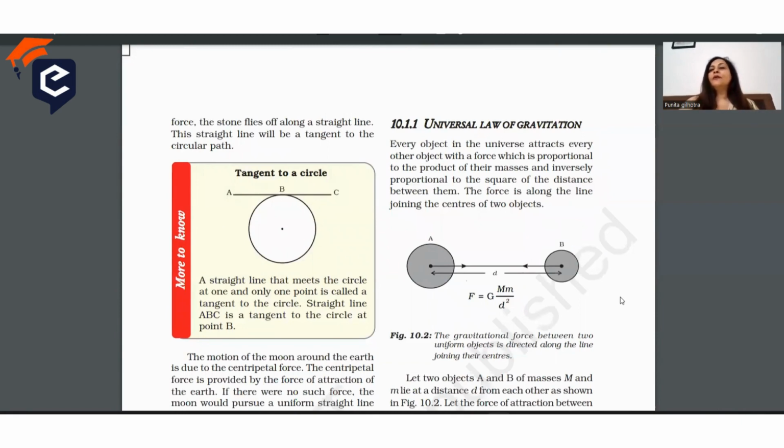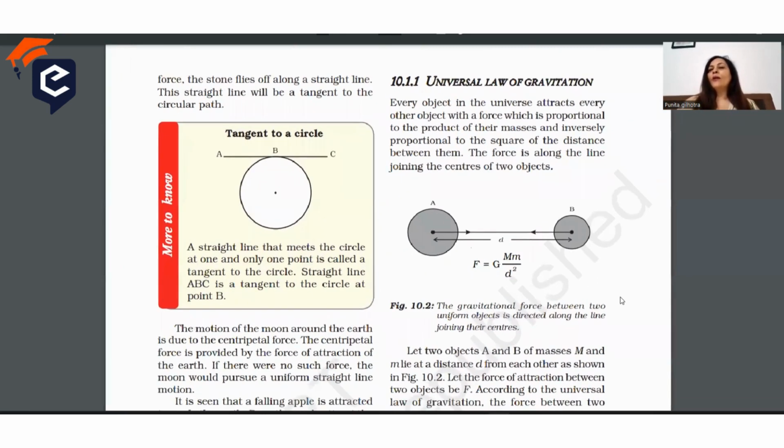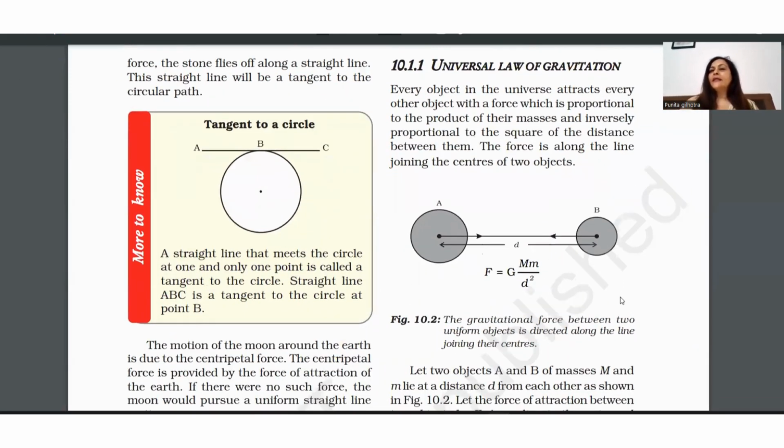So there is a universal law of gravitation. What does it say? It says every object in the universe attracts every other object with a force which is proportional to the product of their masses and inversely proportional to the square of the distance between them.